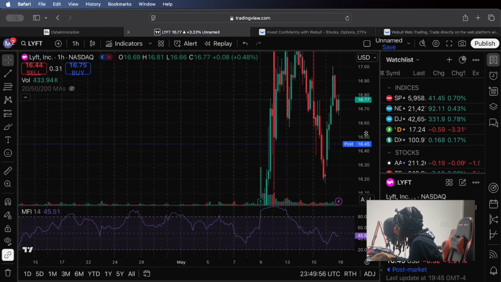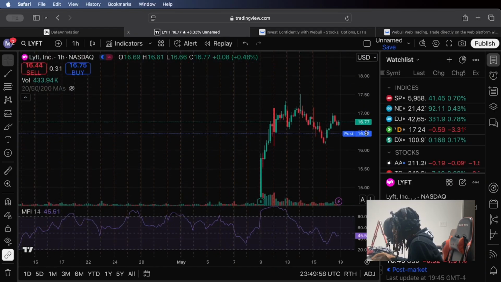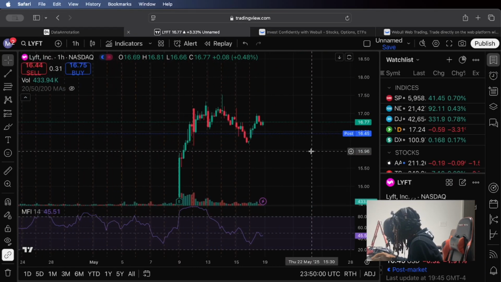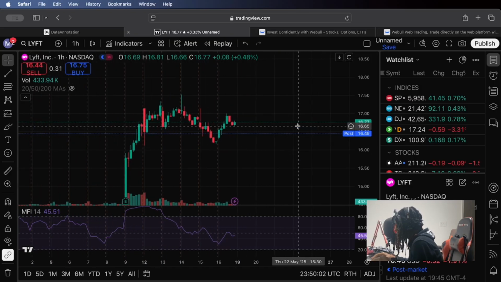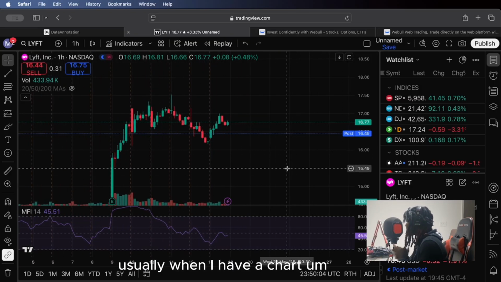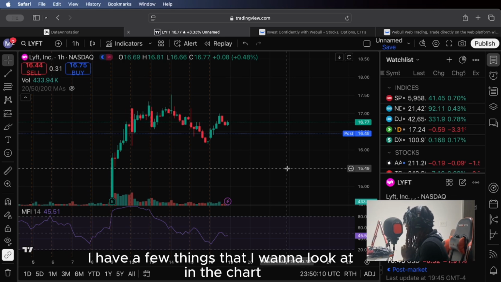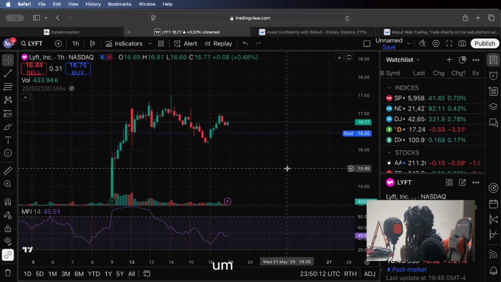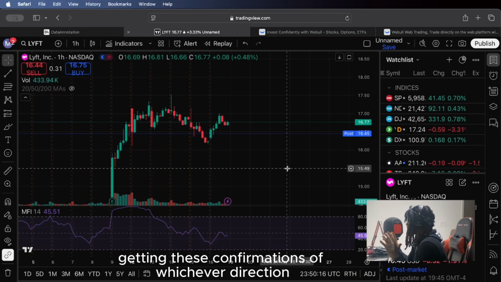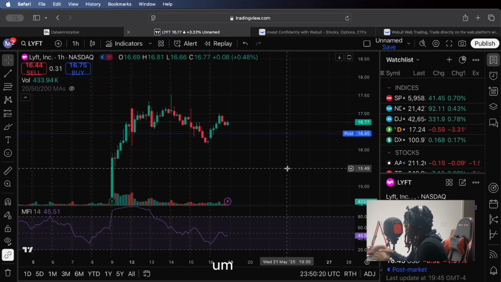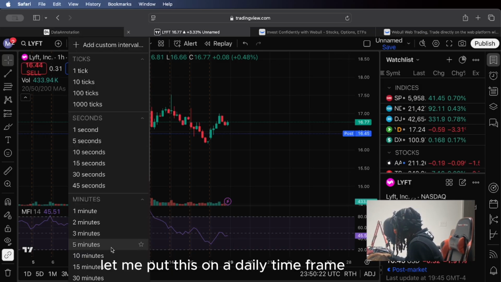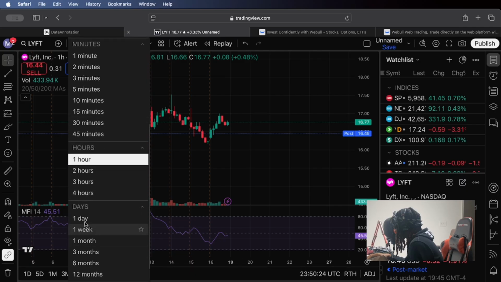Usually when I have a chart, I have a few things that I want to look at. I want to make sure that I'm getting confirmations of whichever direction I believe the chart is going in. Let me put this on a daily time frame.